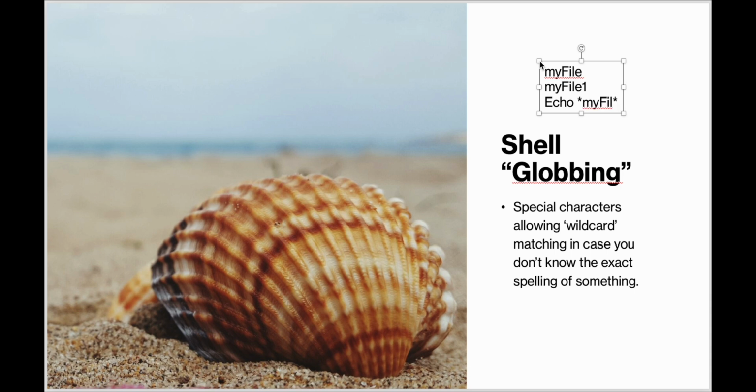However, if I just say echo 1, it's going to only give me myfile. So the idea of globbing is that it'll attach itself based off of whatever characters you tell it to, whether they're preceding or they're leading.